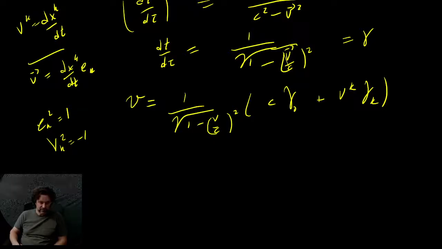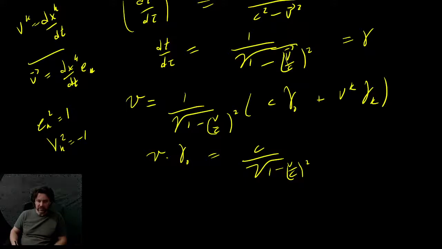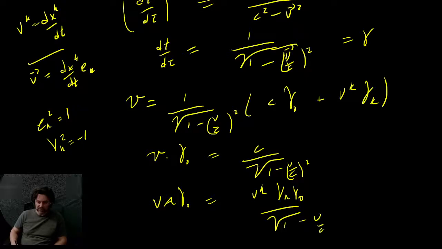So we're left with v dot gamma 0 is c over the square root of 1 minus v over c squared, and v wedged with gamma 0 is v_k gamma_k gamma_0 divided by the square root of 1 minus v over c squared.